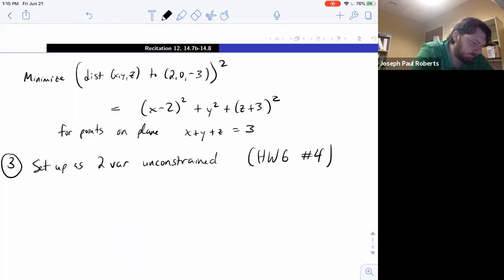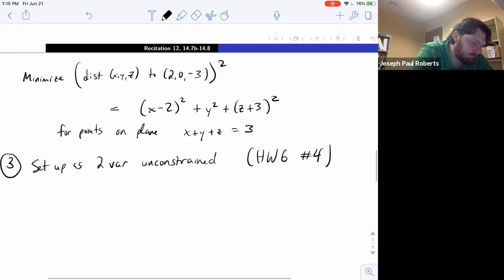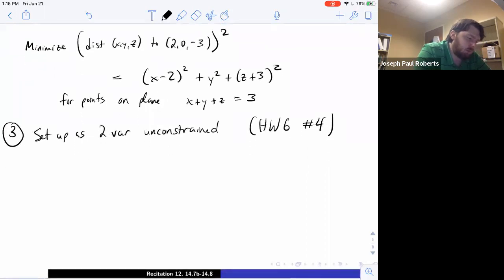So how is that going to work? We're going to use the plane equation, and we're going to solve for z. So z is 3 minus x minus y.